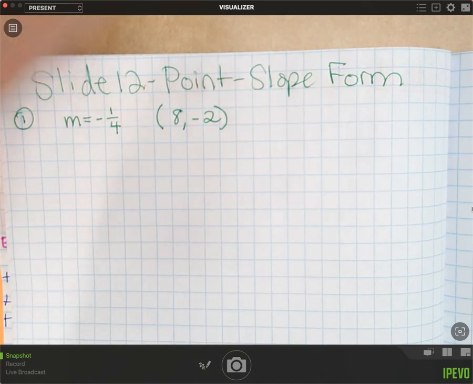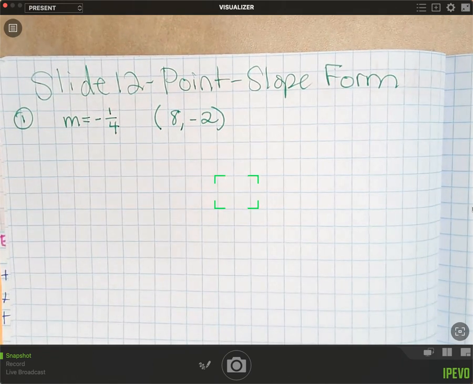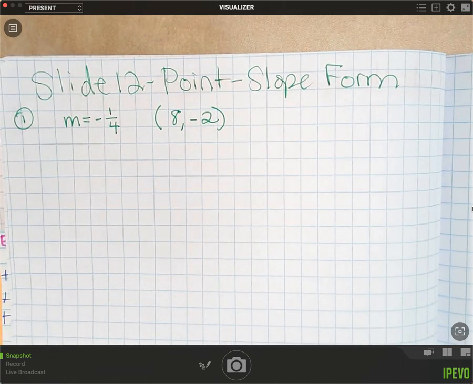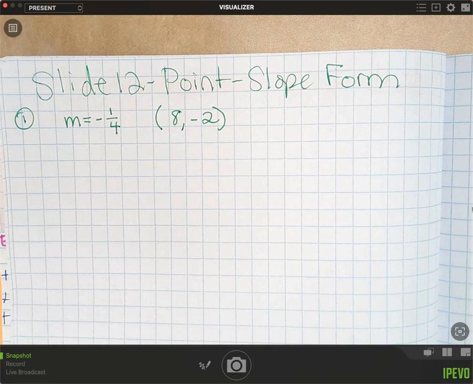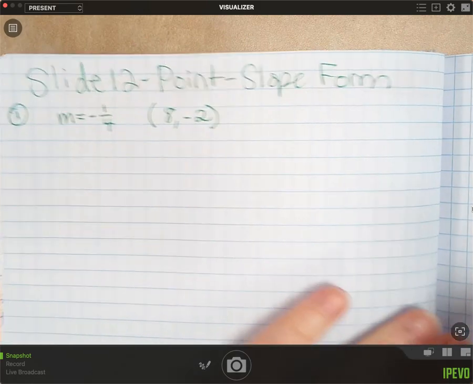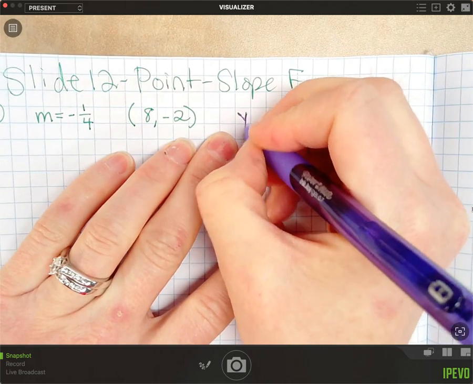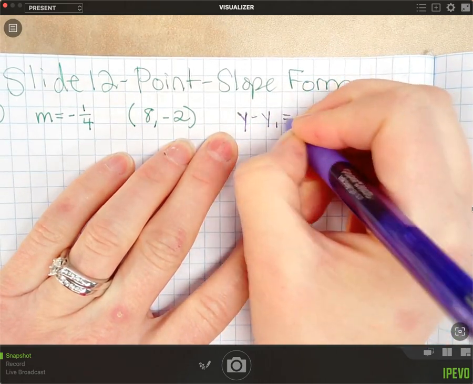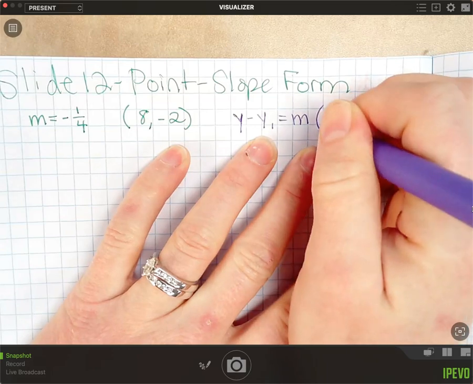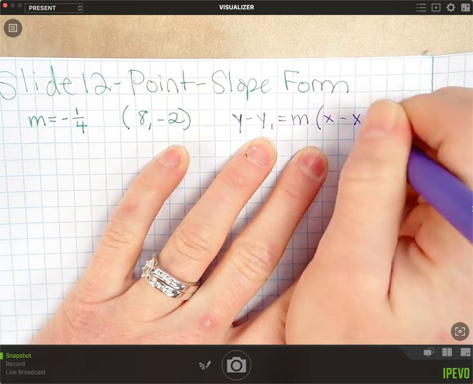Not my slide, my composition book. I can't keep things straight. Let's write the point-slope form over here. y minus y1 equals m, parentheses, x minus x1.